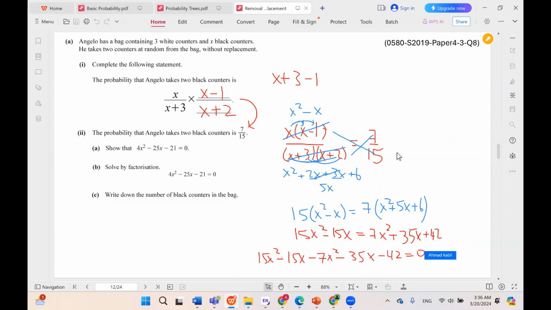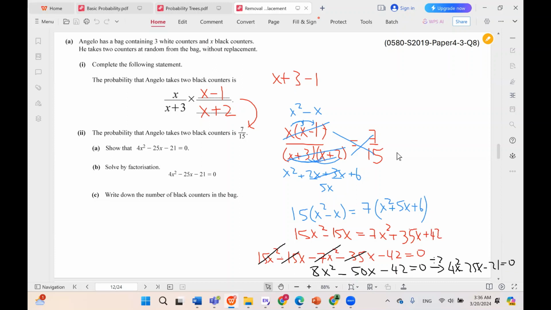And then we subtract. So 15X squared minus 7X squared gives us 8X squared. Minus 15 minus 35 gives us minus 50X. Minus 42 equals 0. We can divide everything by 2. And by dividing by 2, we reach the desired expression, which is 4X squared minus 25X minus 21 equals 0.